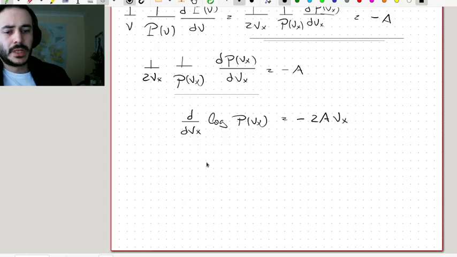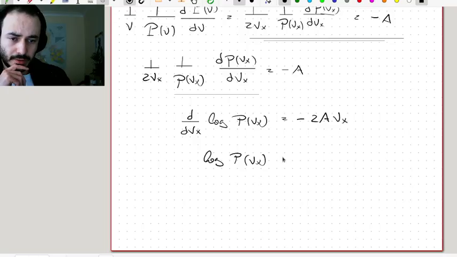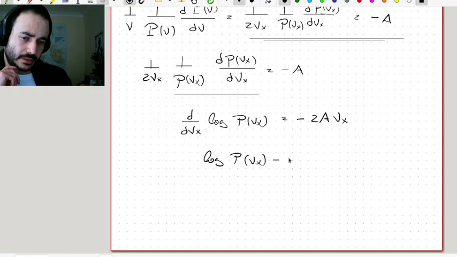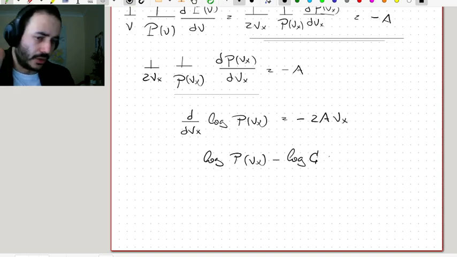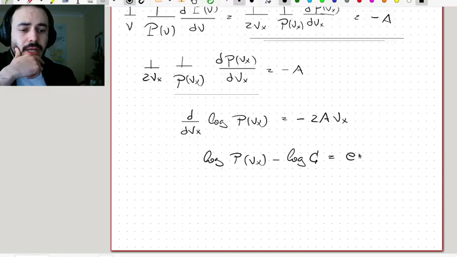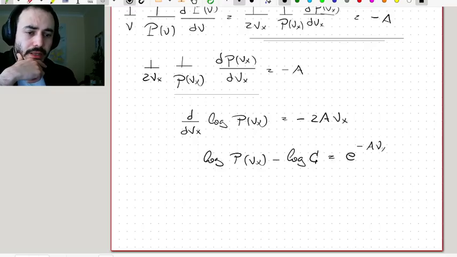Integrate that, and what you get is the logarithm of little p of vx. If you like, you can put here some constant, so logarithm of c, that's just the integration constant that I choose to call logarithm of c. And on the right hand side, you get e to the minus a vx squared.